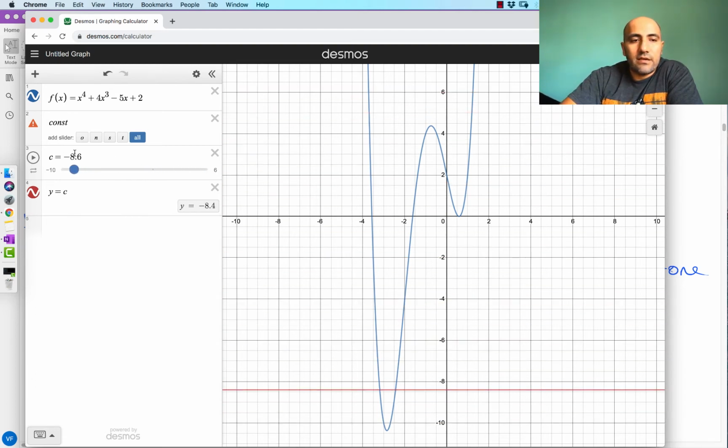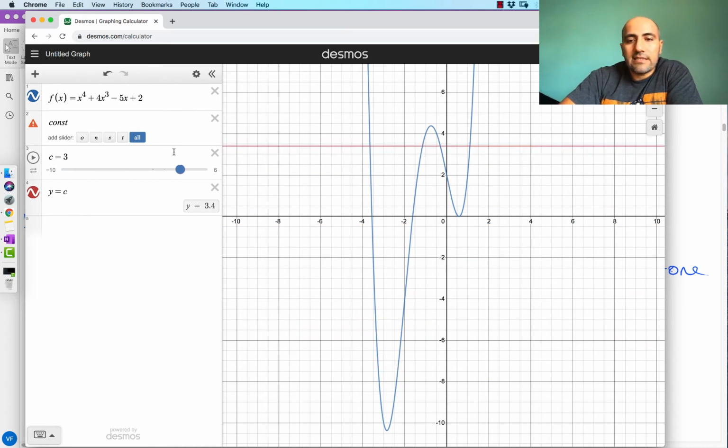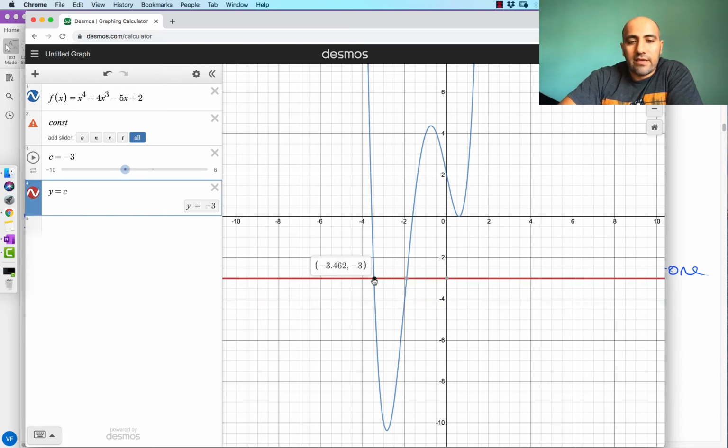And so this is the horizontal line test. As I sweep this line up and down, if it's ever the case that the red line crosses my graph at more than one point, then what I have found is one place where two different inputs, in this case, this decimal input and this decimal input, both of them led to the same output of -3.